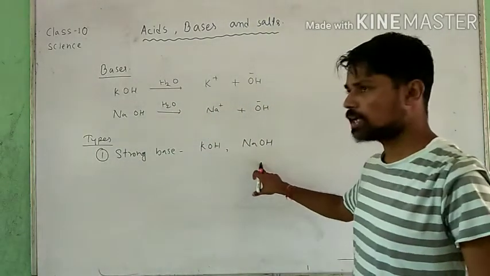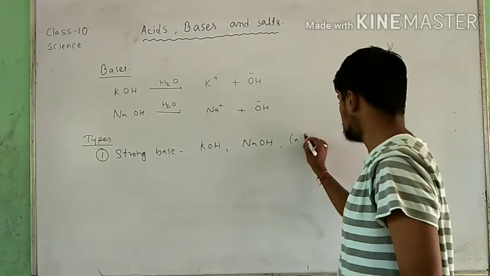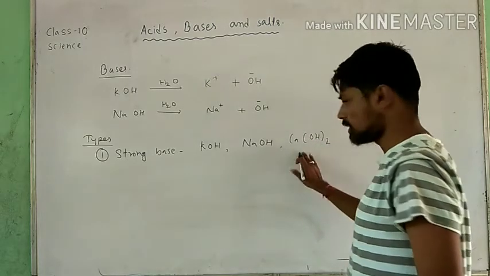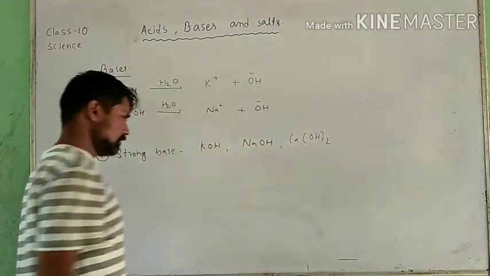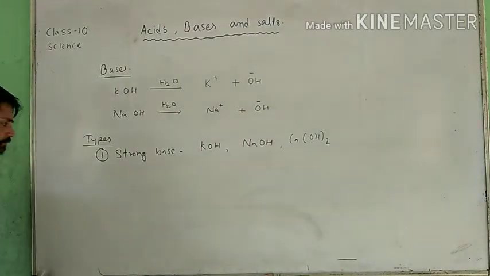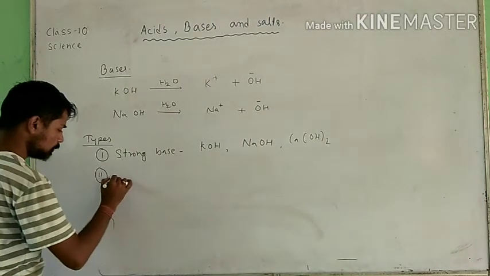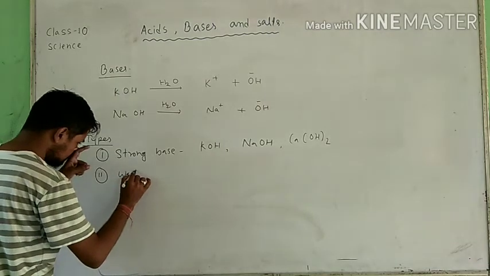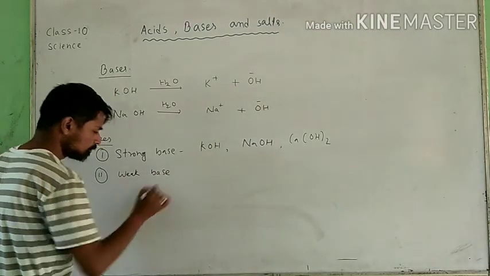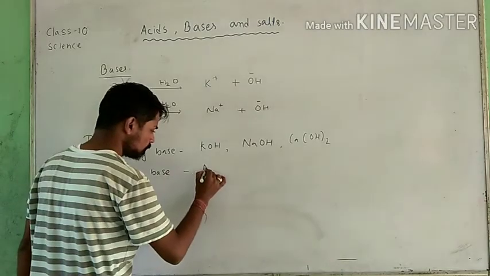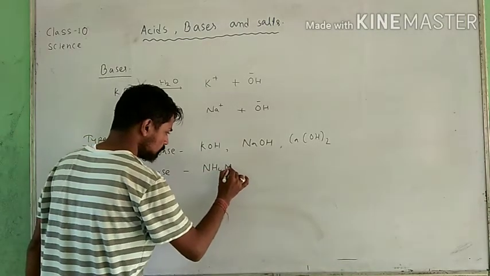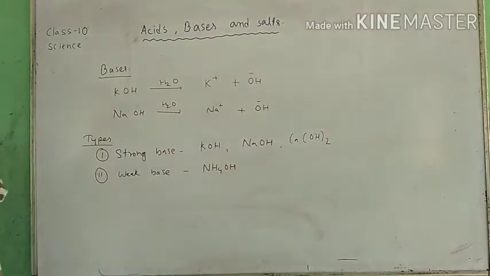Potassium hydroxide, sodium hydroxide. Let us take another example, CaOH2, calcium hydroxide. They are strong bases. And weak base. Let us take an example of a weak base. NH4OH, ammonium hydroxide. Ammonium hydroxide is a weak base.